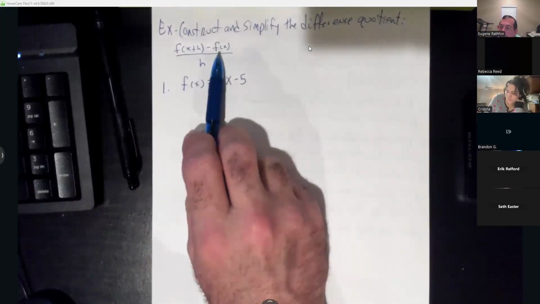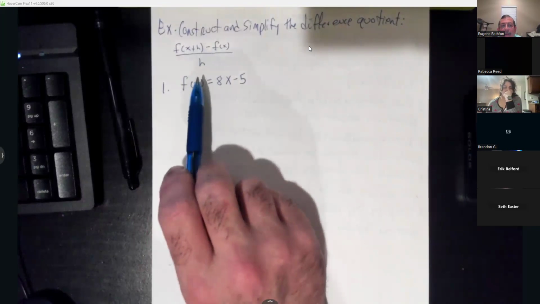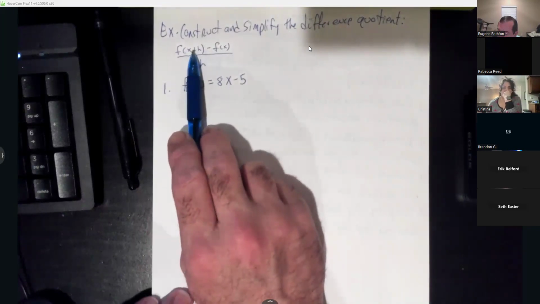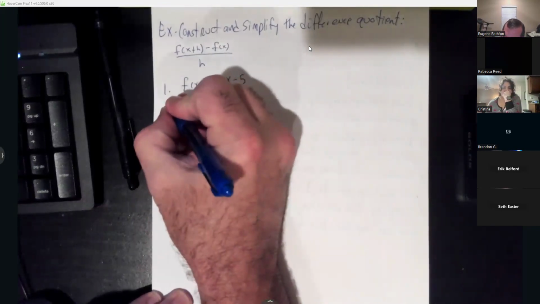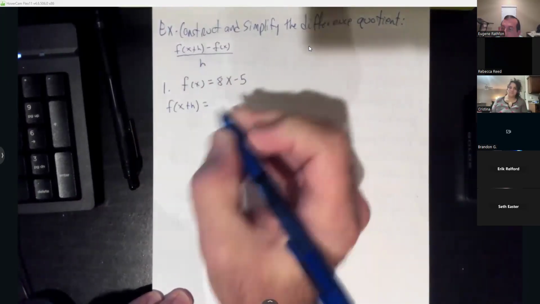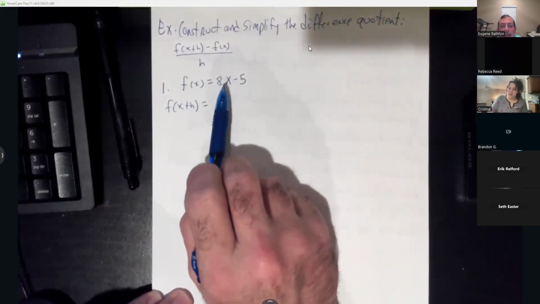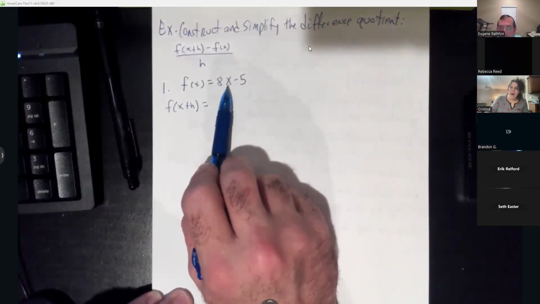All right, so they gave me f of x, like I said, so I know what's going to go in for f of x. What we got to find is this f of x plus h. So here we go. F of x plus h. We're going to take this original function, and in place of this x, we're going to put an x plus h.